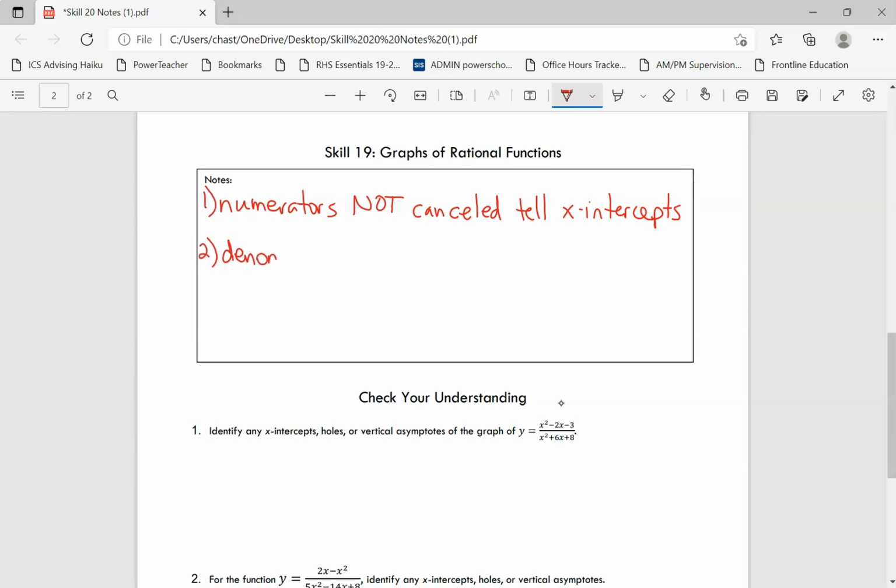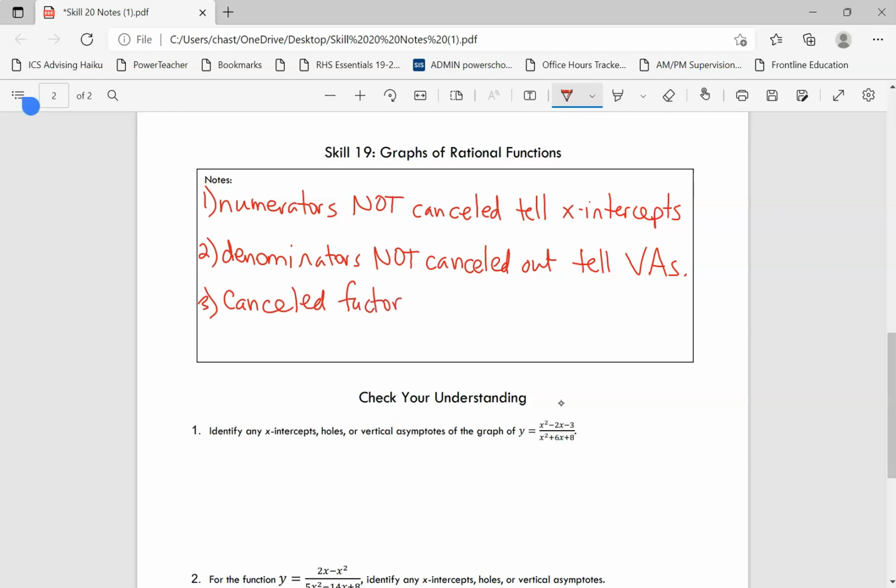Denominators not canceled out tell VAs. Canceled factors from top and bottom give holes in the graph.